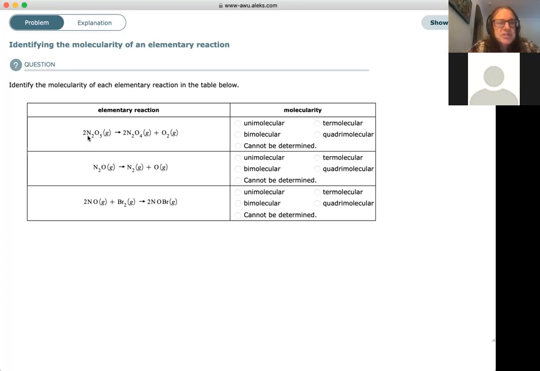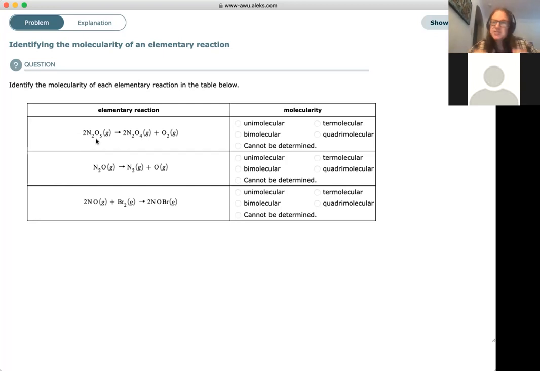The first one says that 2 molecules, and notice I'm saying molecules and not moles, these are just individual particles, 2 molecules of N2O5 are colliding with each other. And when they collide, they reform as 2 molecules of N2O4 and 1 molecule of O2.